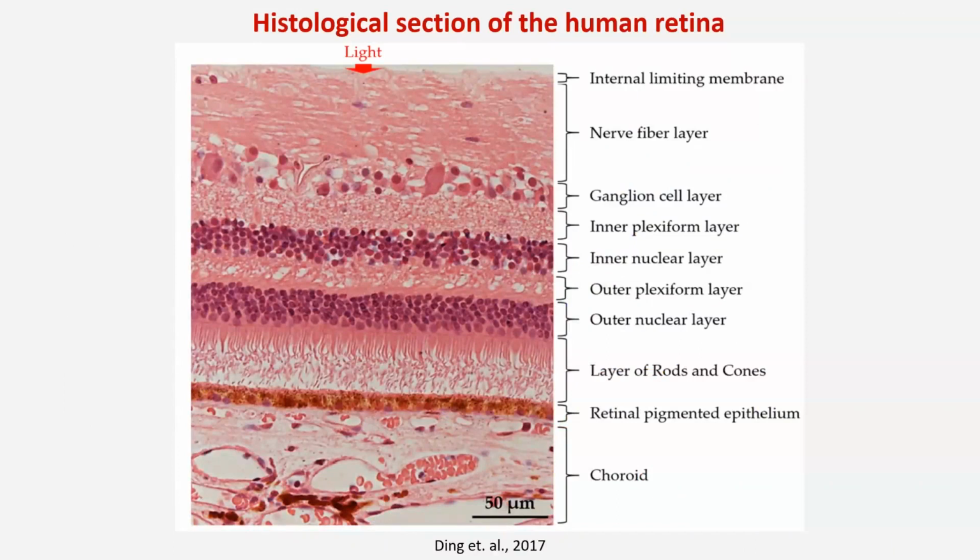Now, the next slide is a histological section of the human retina. Again, you can see the same layers. This is the other way around, actually, so the choroid is at the bottom in this case.